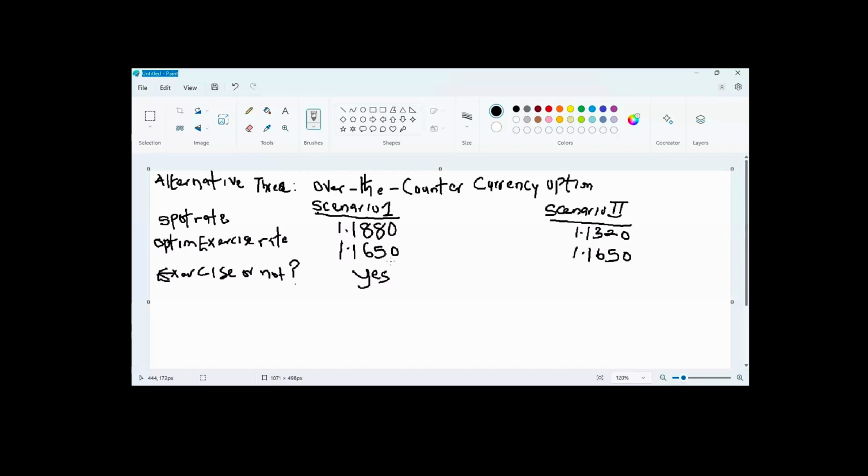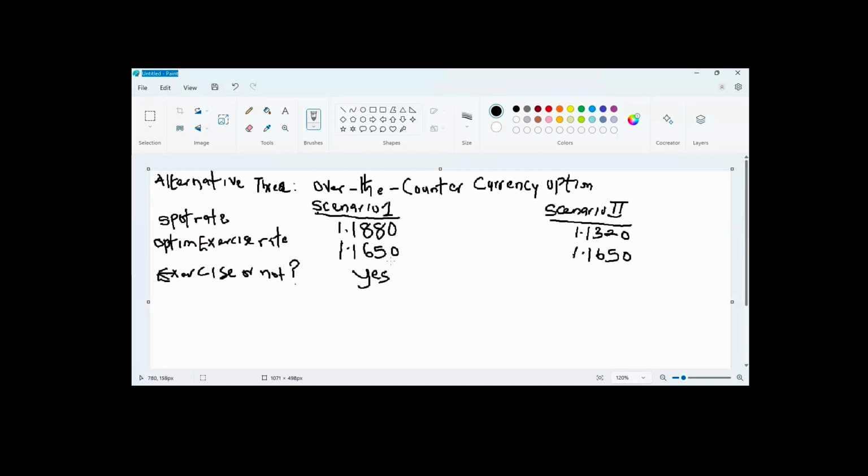Look at the second scenario. I have a choice to exercise my rights at 1.1320 or 1.1650. The spot rate is better than the exercise rate.